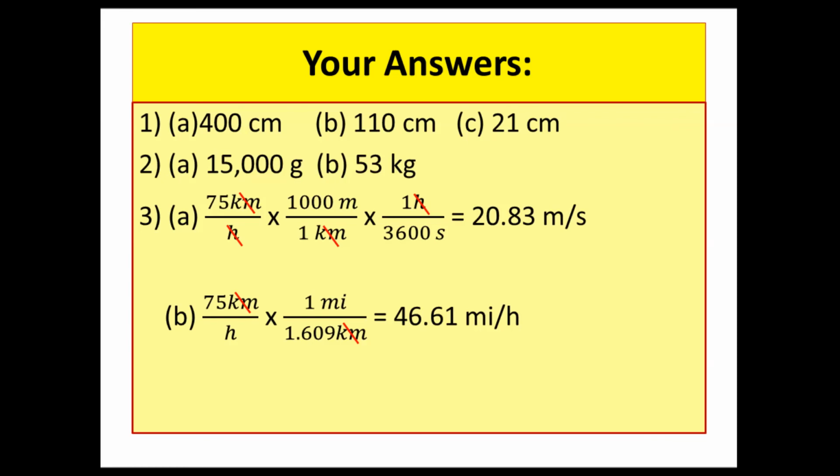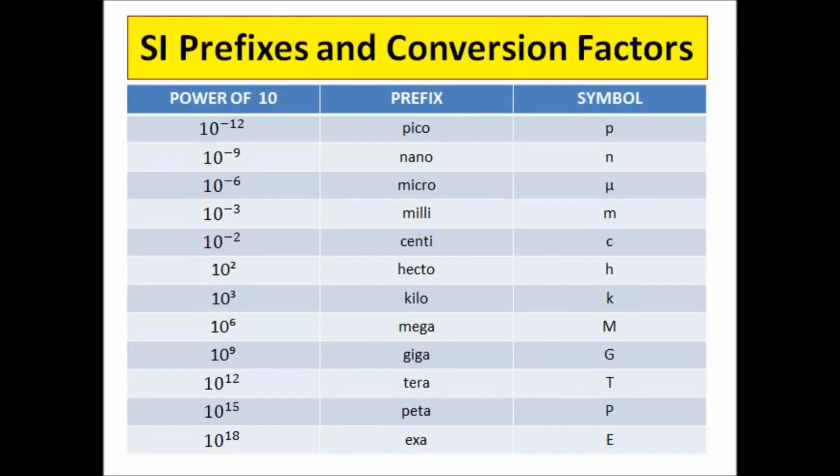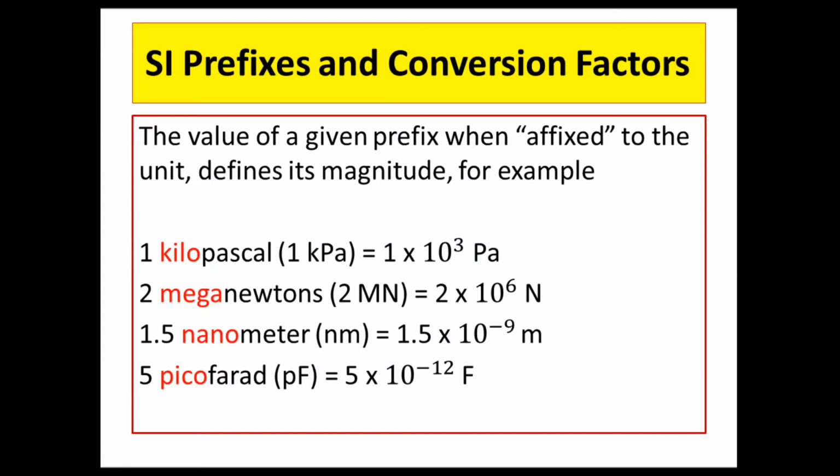If you have some questions, write in the comments below the video. In using SI prefixes, we affix that to the unit, and the magnitude is defined, like kilopascal, 1,000 pascals.